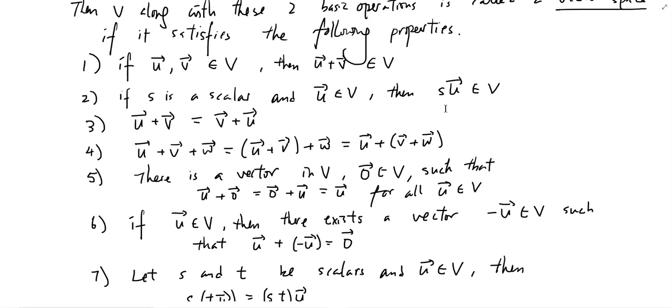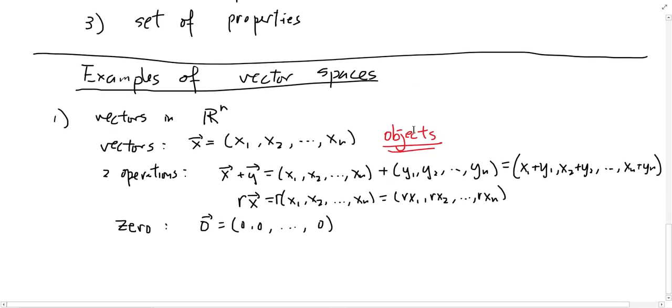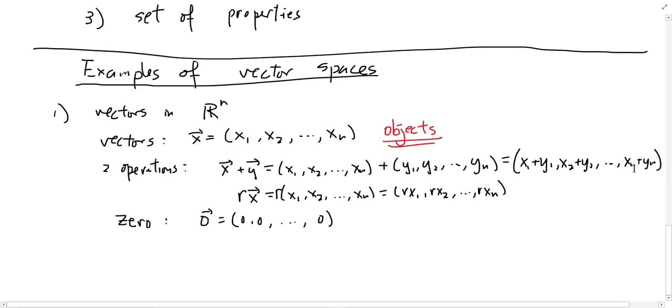If you look at the list of 10 properties right here, the first two automatically satisfy the closure property, because if you look at just the way we define the two operations, this end result right here is definitely a vector in Rn, and this end result right here is definitely a vector in Rn also. So the closure properties are automatically satisfied.